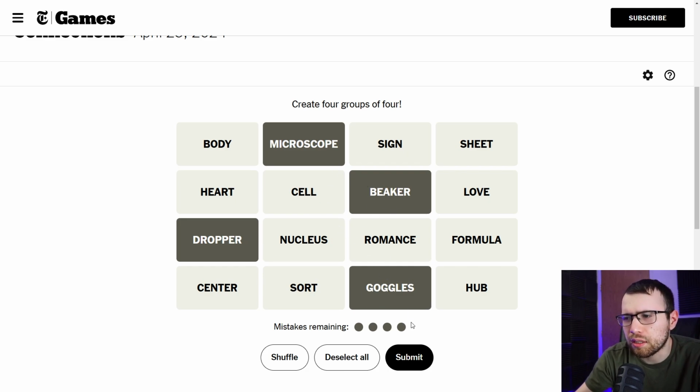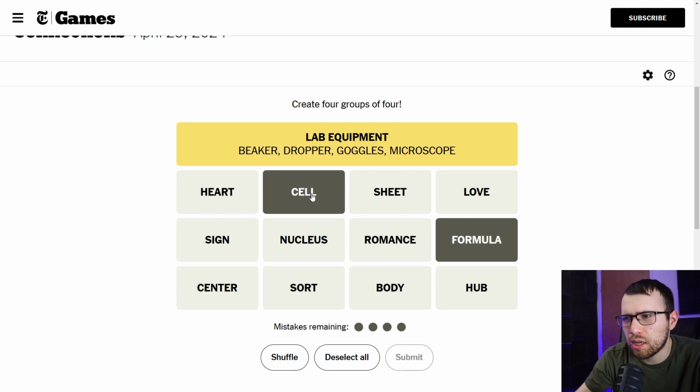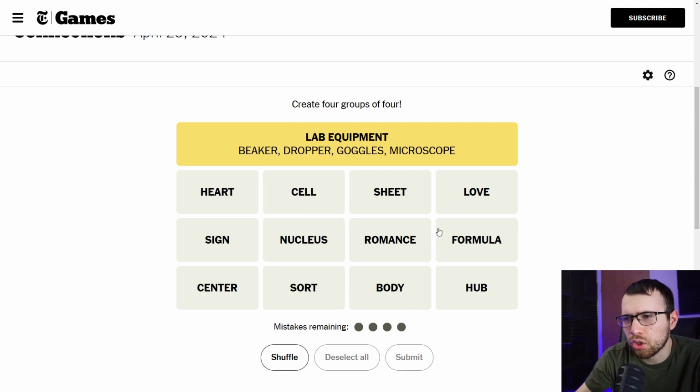Anyway, I'm gonna put these in. This reminds me of chemistry equipment. You also have formula on here, which, or lab equipment. Not necessarily chemistry, but formula and cell and nucleus and stuff are terms related to biology or whatever.